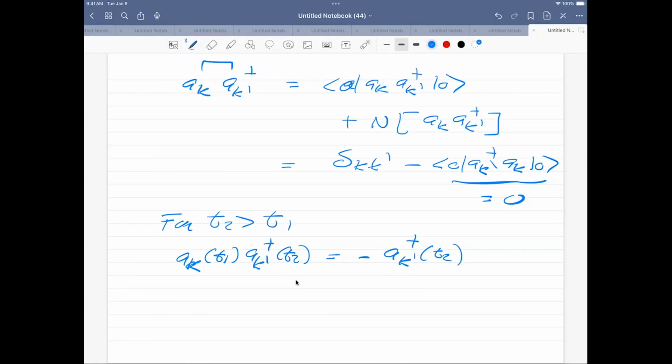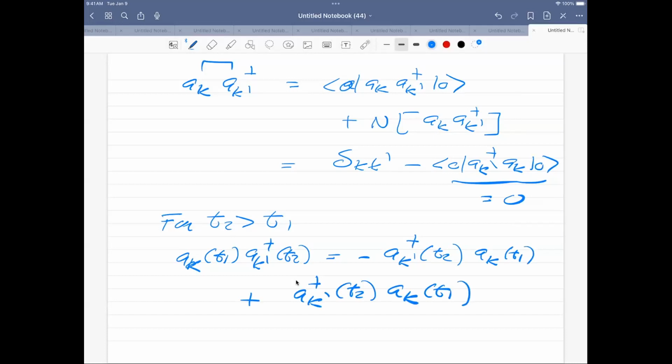So this is my time ordering piece. And then I have an AK of T1, like that. And plus, and then I get a plus because I have minus, and then I interchange the operator. So I have an AK dagger with a primed K and AK here of T1.